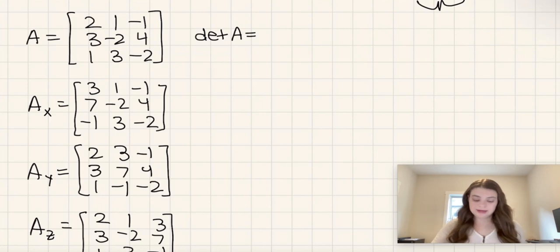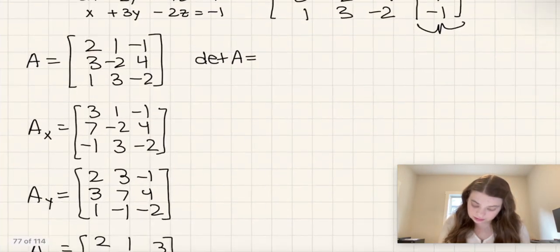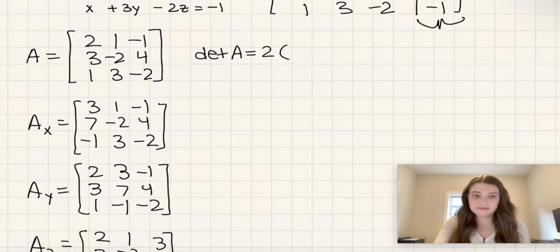All right, so determinant A is going to be 2 times negative 2 times negative 2, which would be 4, minus 4 times 3, which is 12.